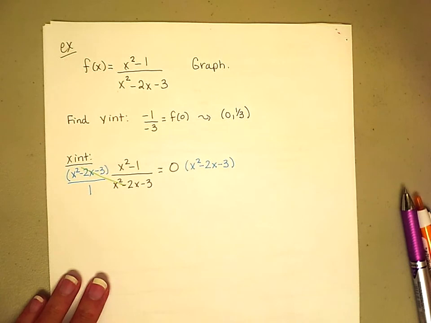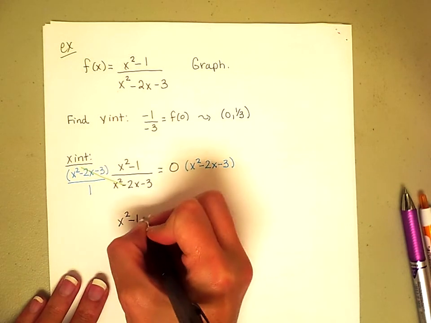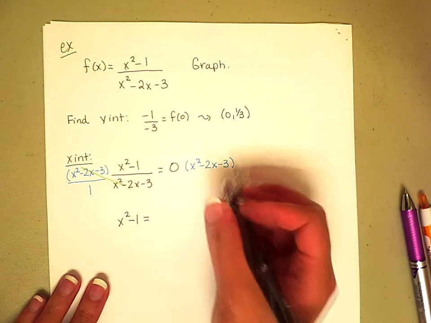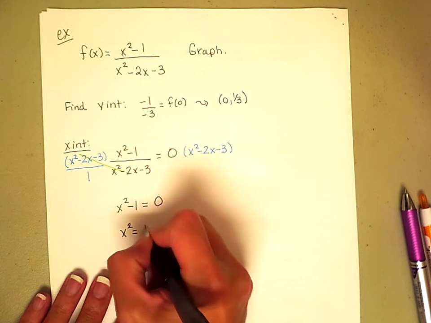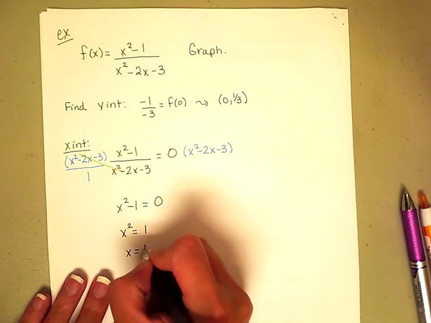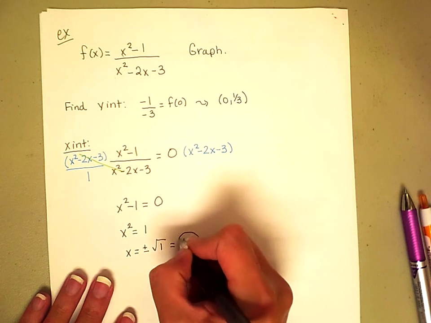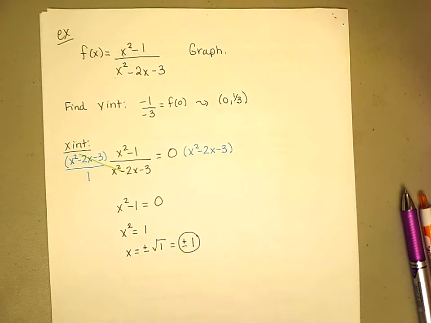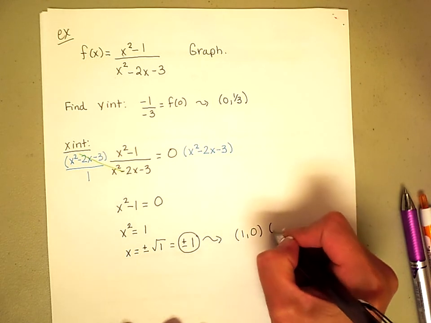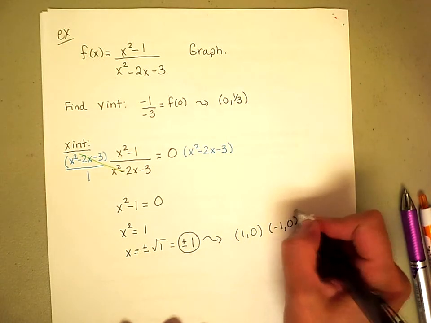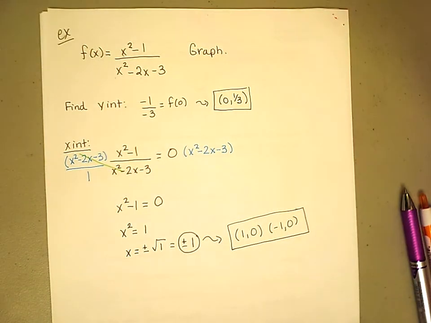Now these will cancel, which leaves us with x squared minus 1, and 0 times anything is just 0. So x squared equals 1, so x is equal to plus or minus the square root of 1, which is just plus or minus 1. From there, we get x-intercepts at 1, 0 and negative 1, 0. So we know we have these points on the graph.